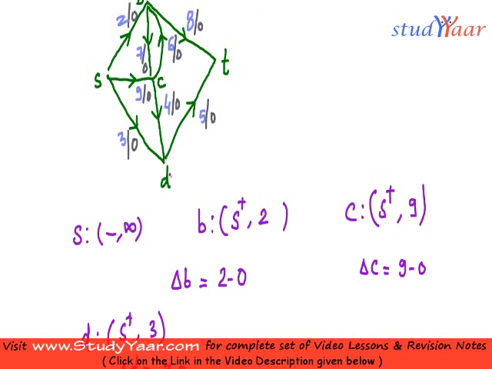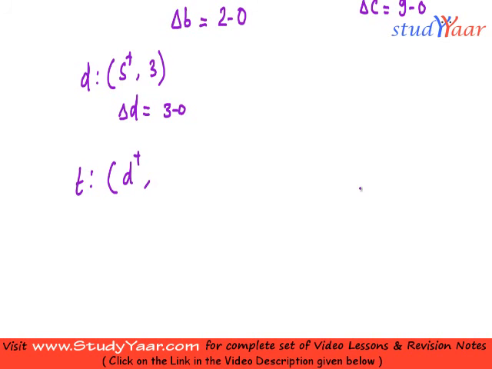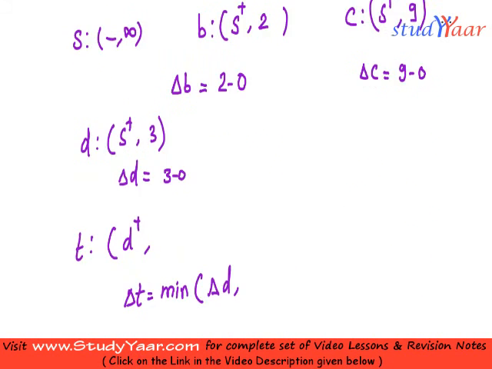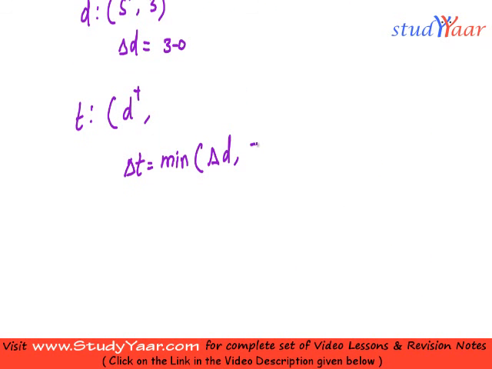Delta T is minimum of delta D comma capacity minus flow, which is 5 minus 0. So what is my delta D? My delta D is 3, right?